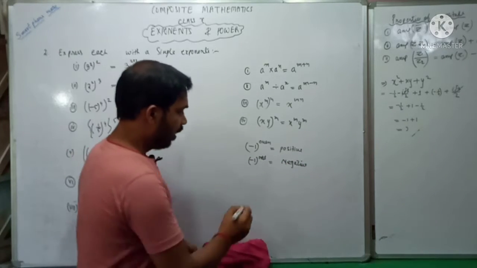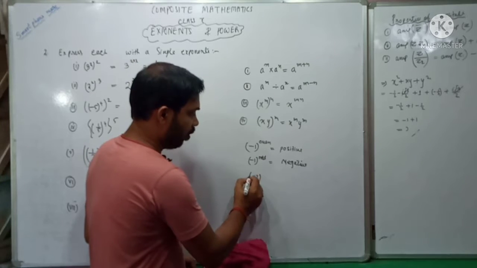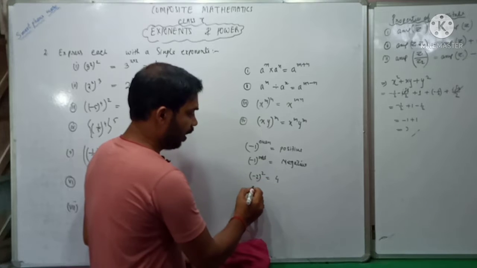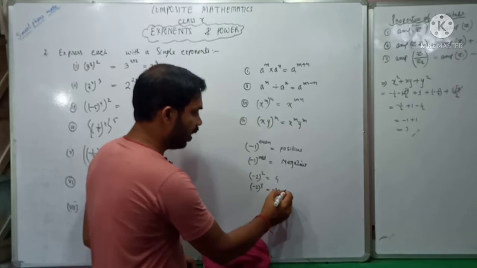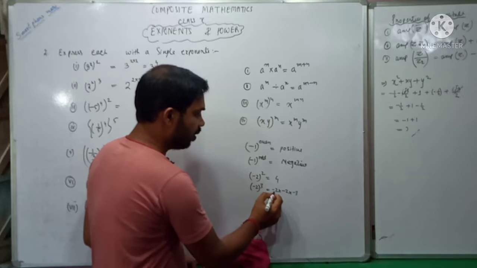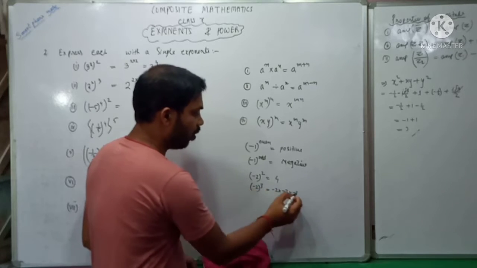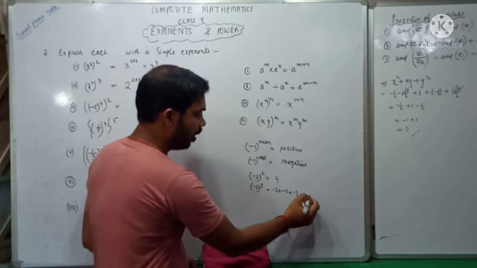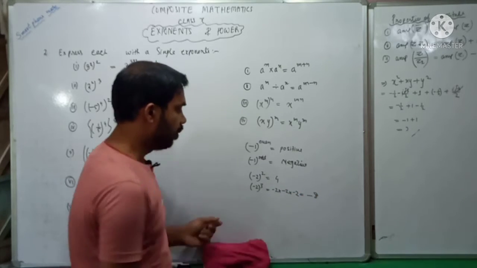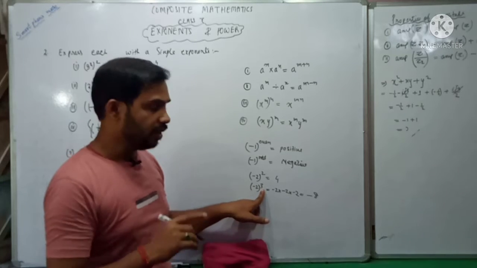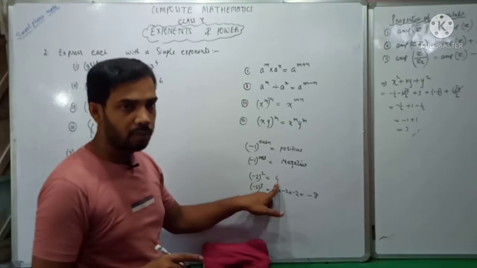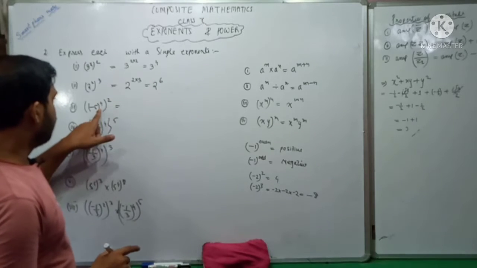Now you see, if minus 2 whole power 2, then it will be 2 square, which is equal to 4, and if minus 2 whole power 3, then it will be minus 2 into minus 2 into minus 2. It means minus is multiplied 3 times, that means an odd number, so it will be minus 8. It means when the power is odd the result is always negative, and when the power is even the result is positive.